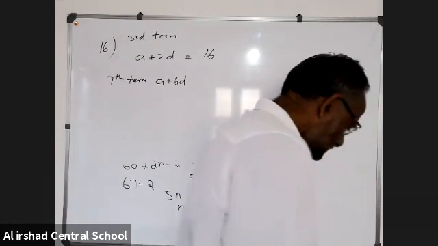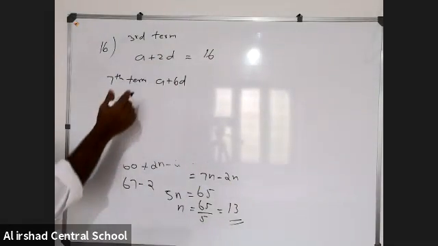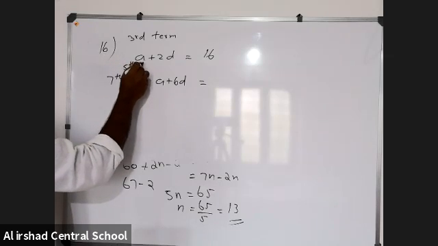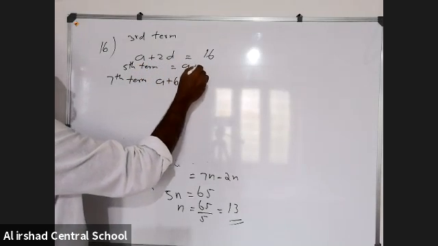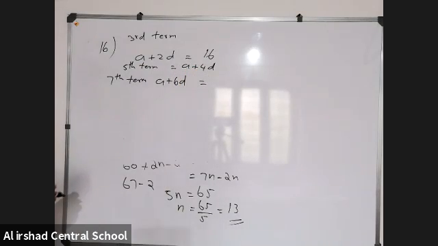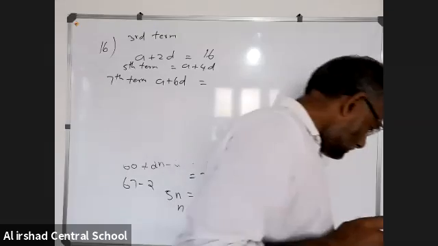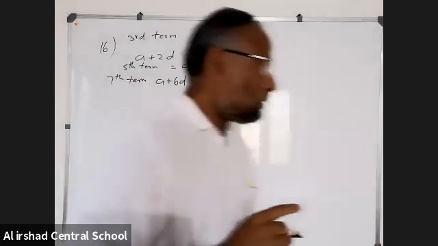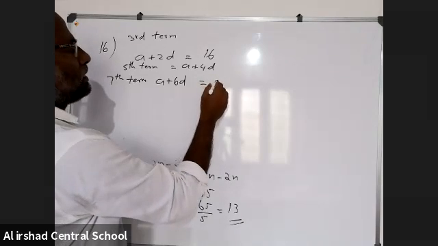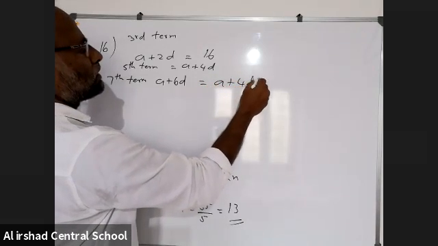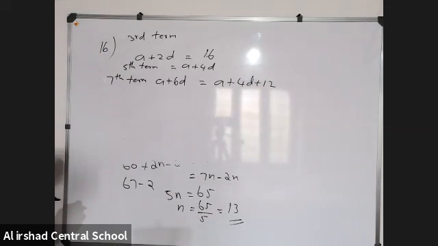Now we have to write the fifth term. Fifth term is equal to a plus 4d. Because the seventh term exceeds the fifth term by 12, a plus 6d is equal to a plus 4d plus 12. You got the equation now.